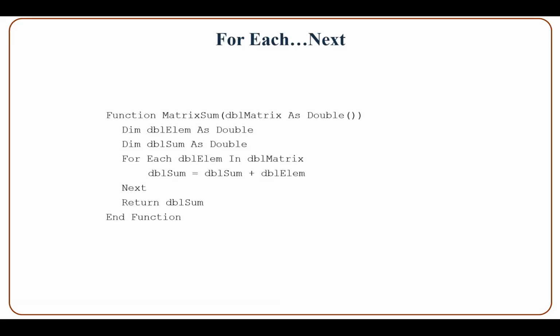Now in the loop, for each element dbl lm in the matrix dbl matrix, you add the value in dbl lm to the sum and save the value to the sum itself. You do this again and again for all the elements, and finally you return the sum, dbl sum.